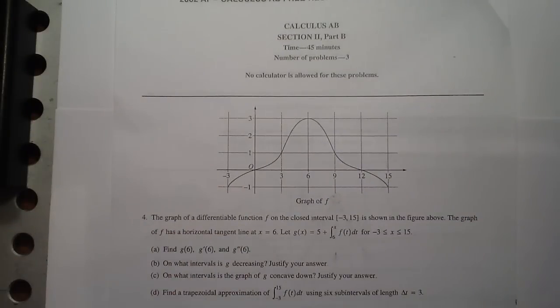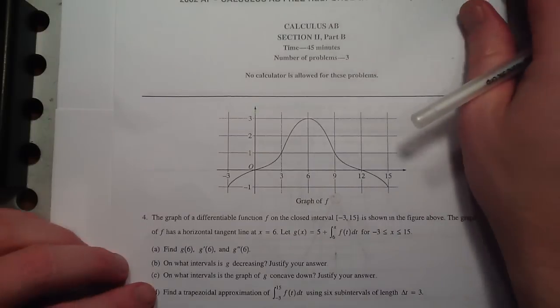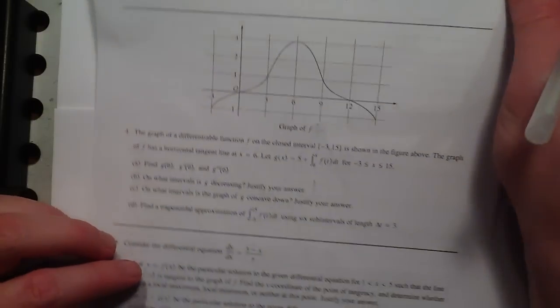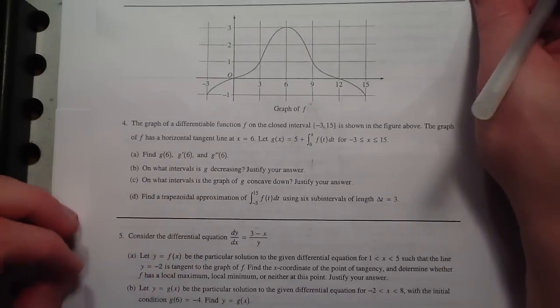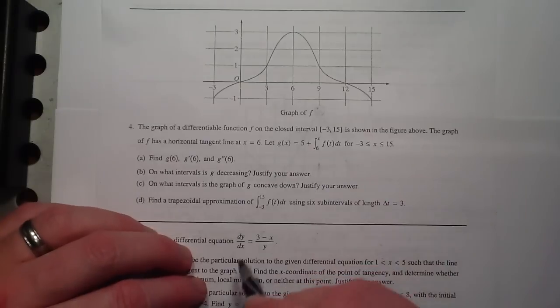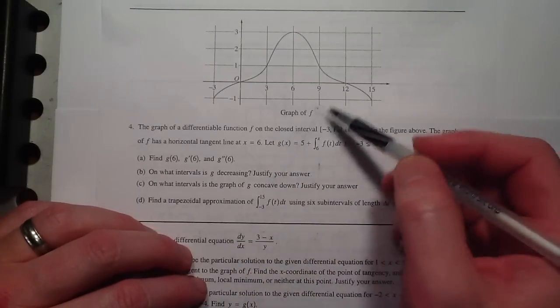Last one, this graph should look familiar. You saw it somewhere in practice problems or the quiz from the 6163 stuff. We don't know how to do differential equations yet, so we're not looking at 5 here. We're looking at number 4. Okay, here's a graph of f.